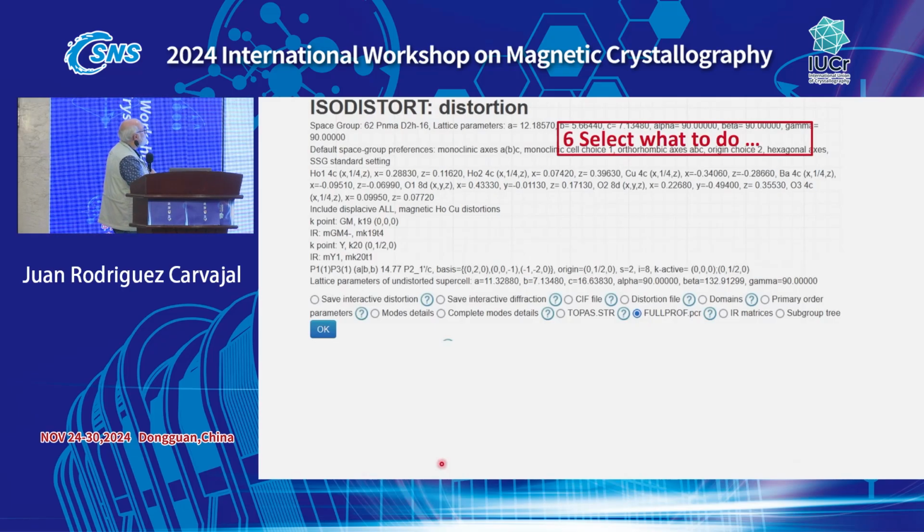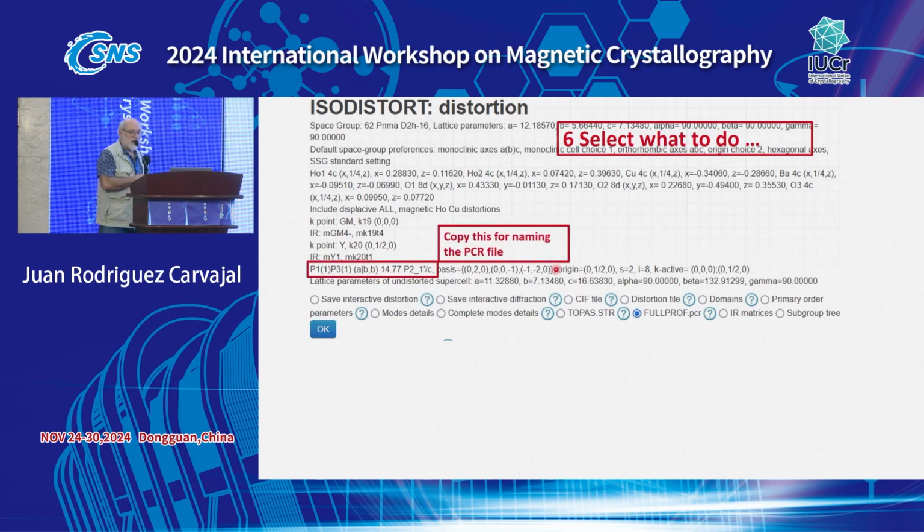What to do? Then you have selected a particular space group, and one important thing, this is just a suggestion that I have, is to copy this for naming the PCR file.